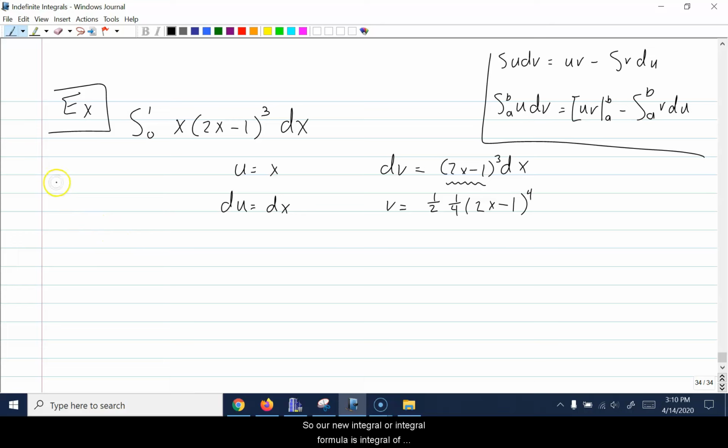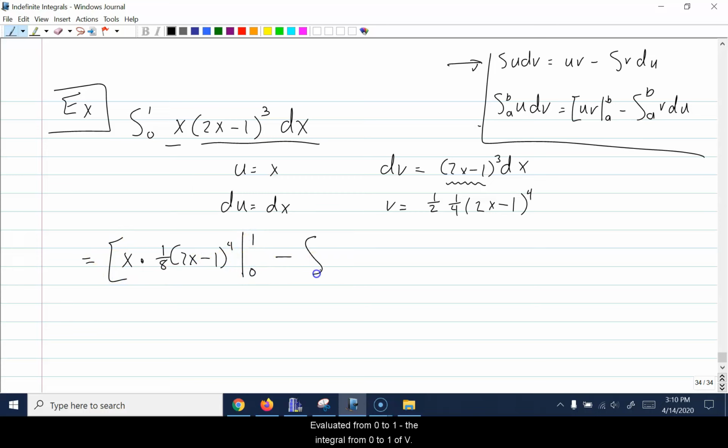So our integral formula is the integral of u dv equals uv, x times 1/8 (2x minus 1) to the 4th, evaluated from 0 to 1, minus the integral from 0 to 1 of v, 1/8 (2x minus 1) to the 4th, du is just dx.